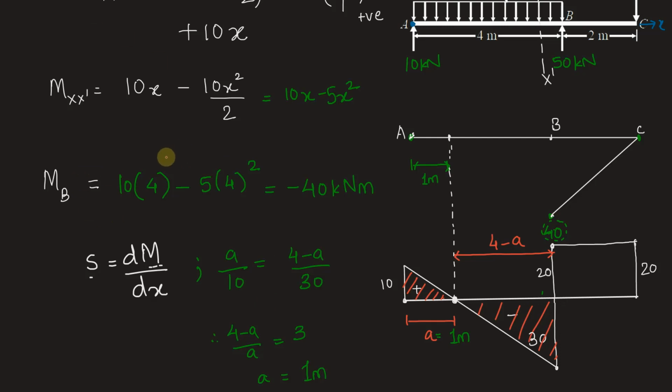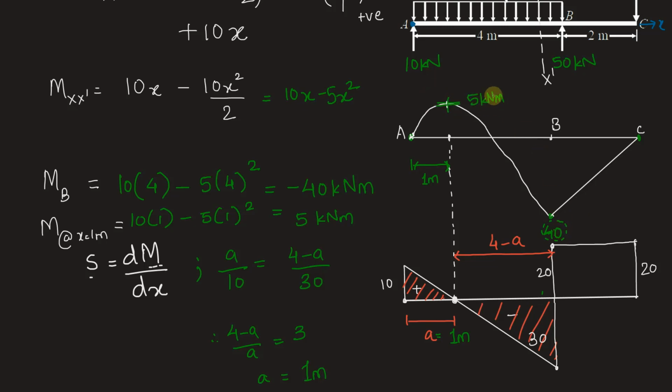So by putting 1, we'll get the moment at x equal to 1 meter is equal to 10 into 1 minus 5 into 1 square, which is nothing but 10 minus 5, 5 kilonewton meter. So it will be a second degree curve and will look something like this, which will have a peak at 5 kilonewton meter.